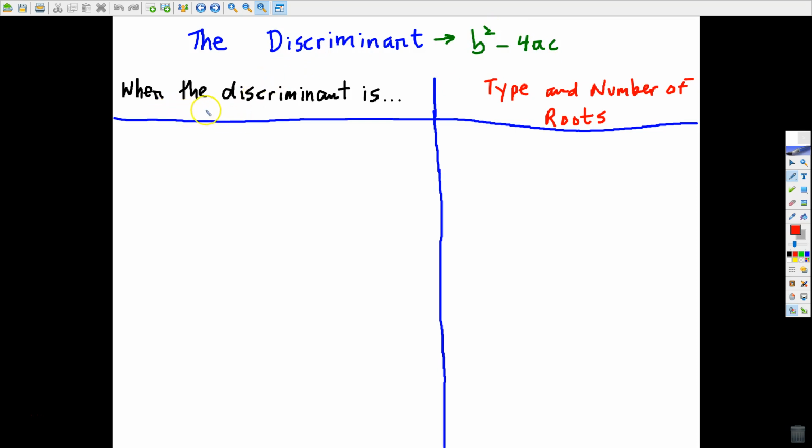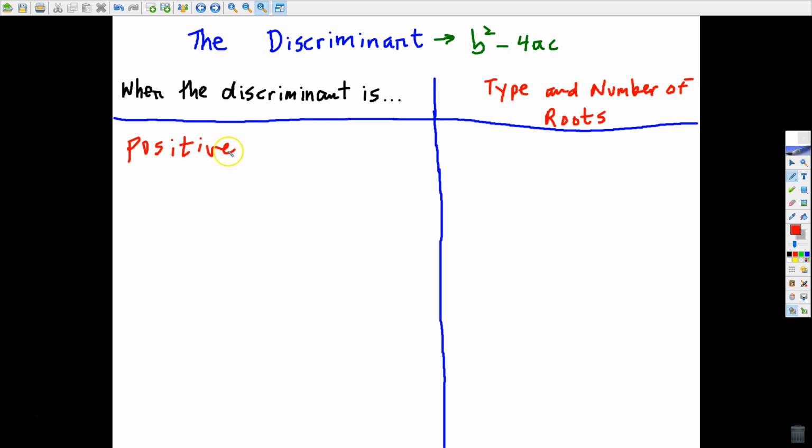Now let's talk about when the discriminant is a certain number, what does that mean as far as the types and number of solutions that we would come up with if we solve the equation? So let's just start with some scenarios like when the discriminant is positive, and then I'm going to get a little more specific.